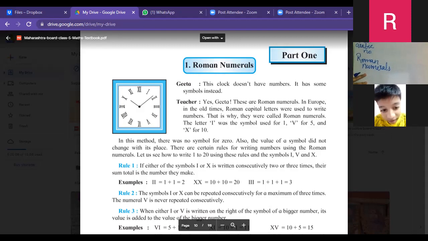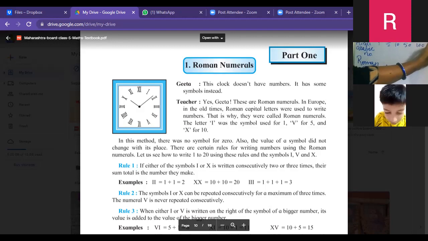Okay, fine. So 1, then 5, then 10, 50, 100, 500, and below you can write 1000 in Hindi Arabic.